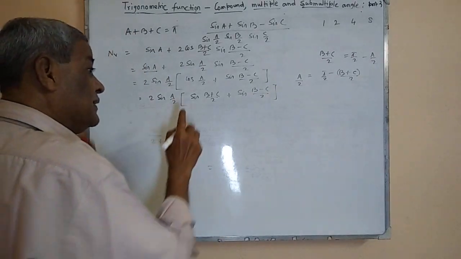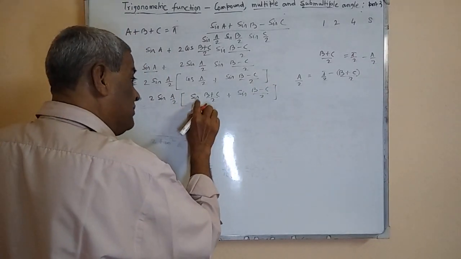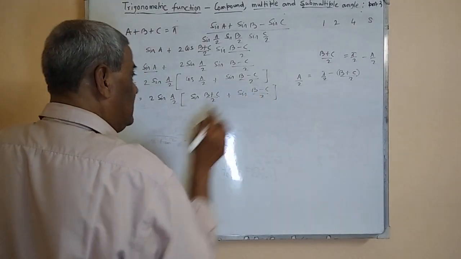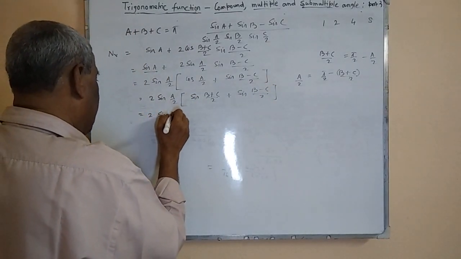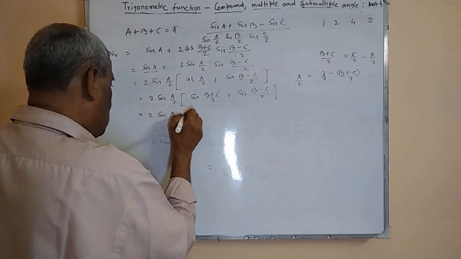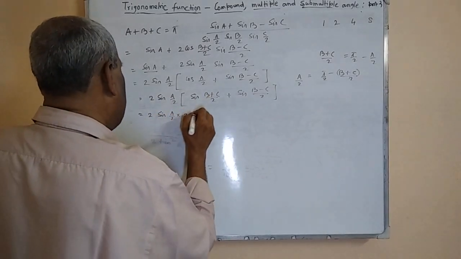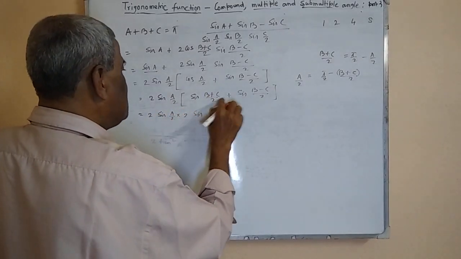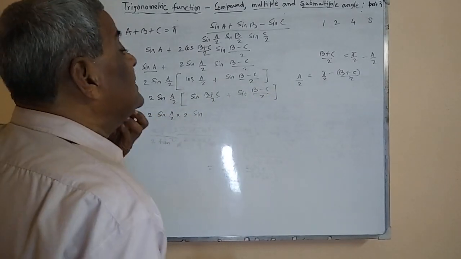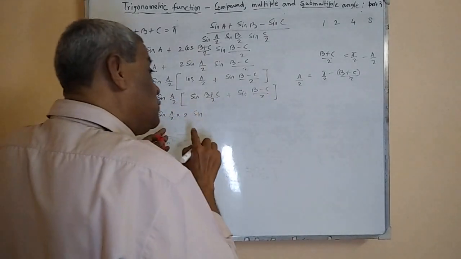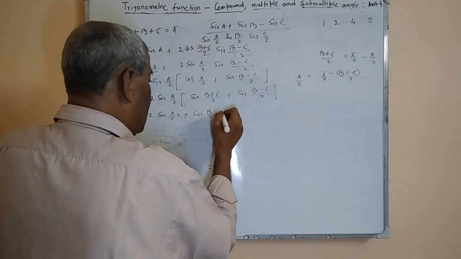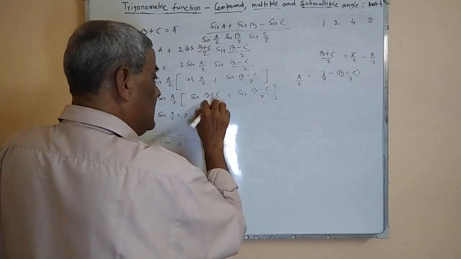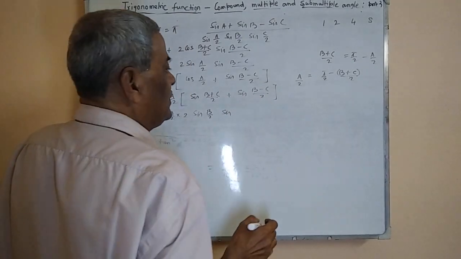It is of the type sine C plus sine D. So it is 2 sine A by 2 into 2 sine of this plus that by 2. That is, C cancels, B by 2 plus B by 2, and sine of this minus that by 2, C by 2.